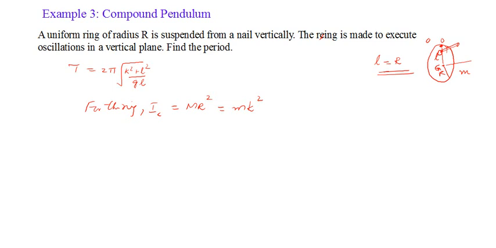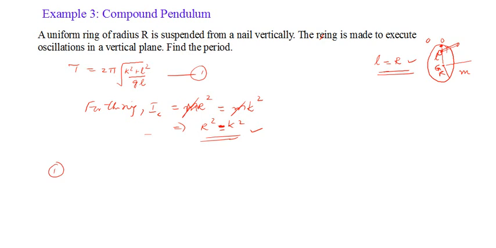So the m and m will get cancelled. So you can see that r square is equal to k square for the ring. And also you can see that l equal to R. So l equal to R and R square equal to K square. I can say this is equation number 1.